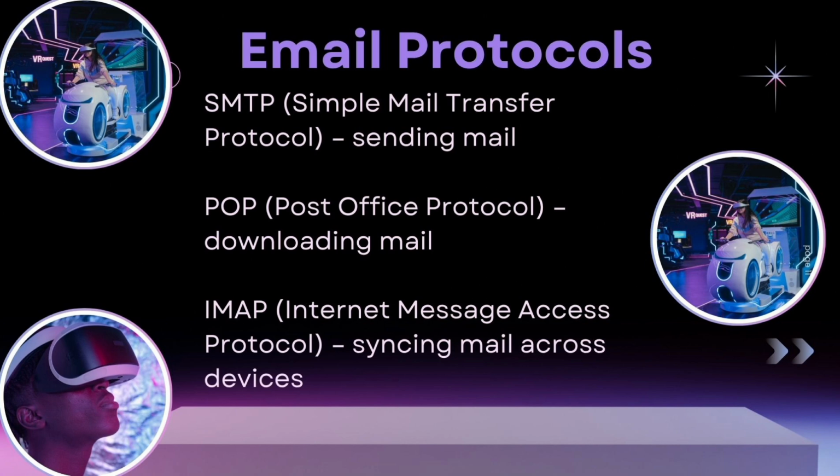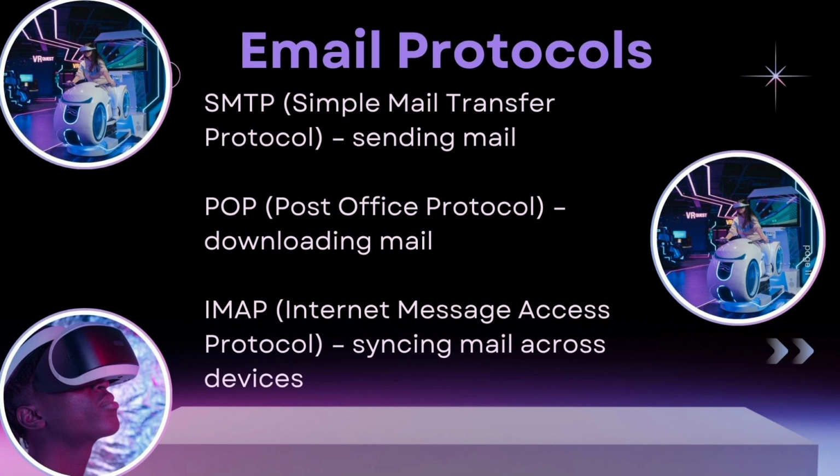We compose, send and then receive messages. The process goes like this: from the email client to the SMTP server, then to the internet, then to the POP or IMAP server, to the receiver's inbox. So it is a smooth chain that connects one system to another.